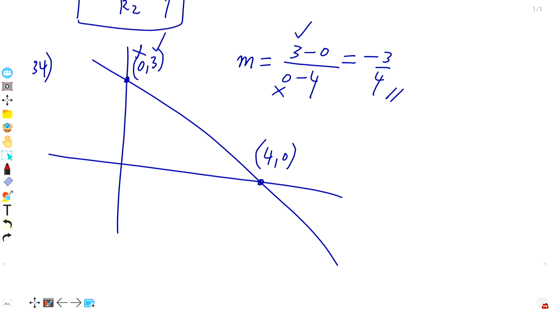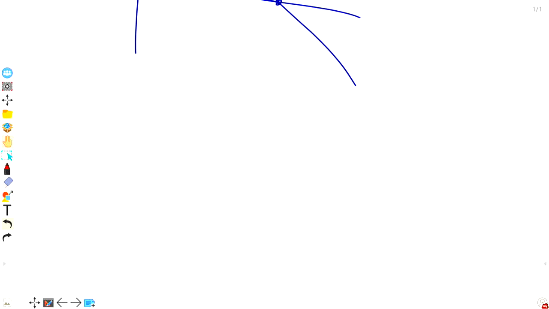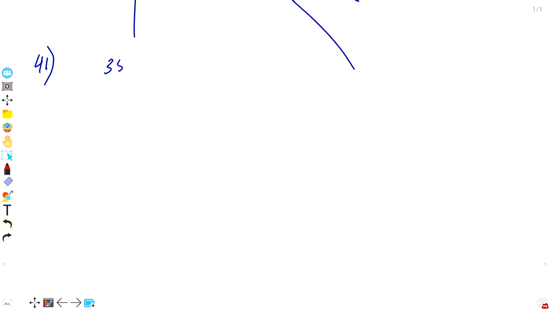Alright, 49, 41. Okay, 41. It's going to be 35, $23 here, right? So they're asking which number does not fit into this category.